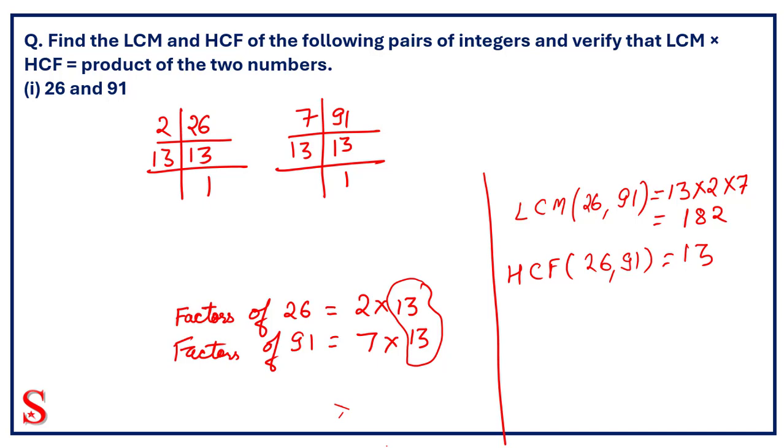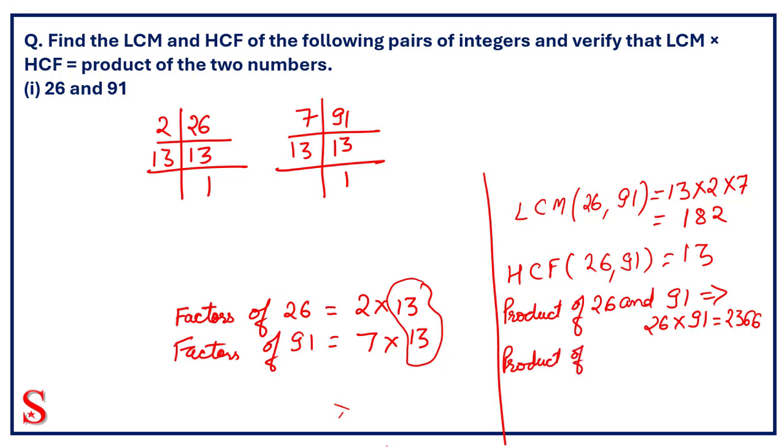So let's do that first of all. What is the multiplication of 26 and 91? You have to do the calculation, and the answer that will come would be 2366. And now we have to find out the product of LCM and HCF. So what is the LCM?